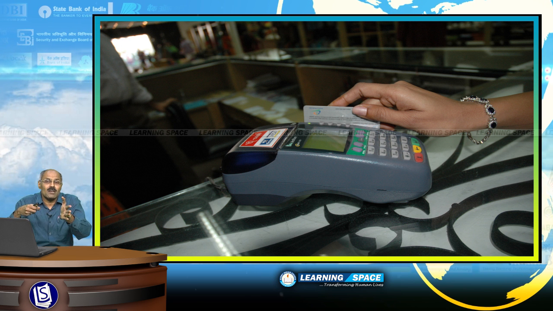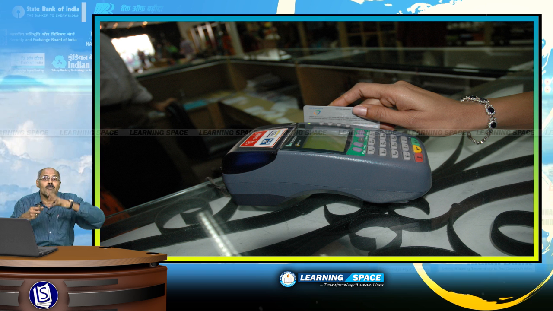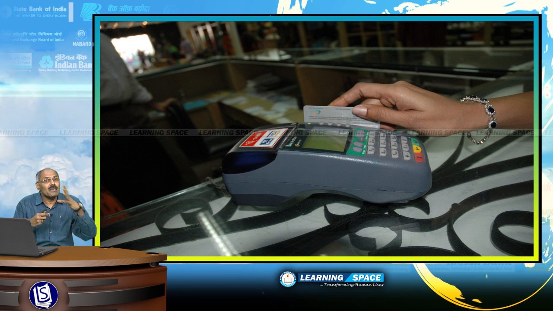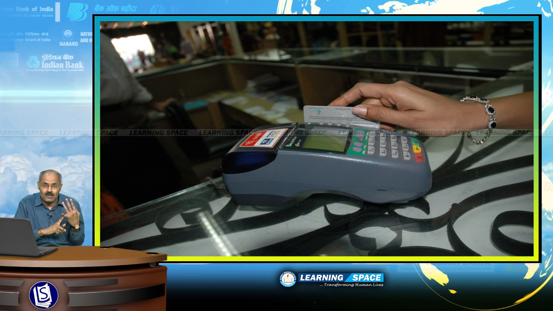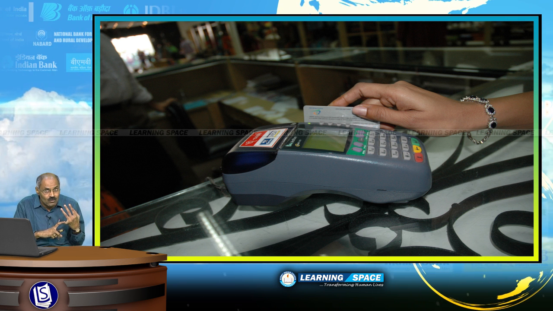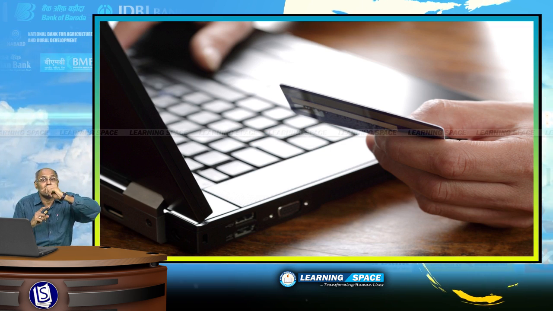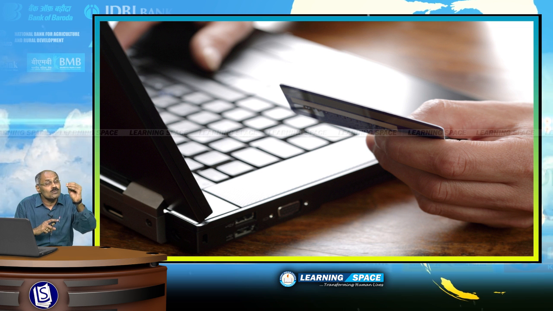You can swipe your card and make the payment. So, this ATM cum debit card can be used not only at ATMs but also at various merchant outlets, that is POS terminals.